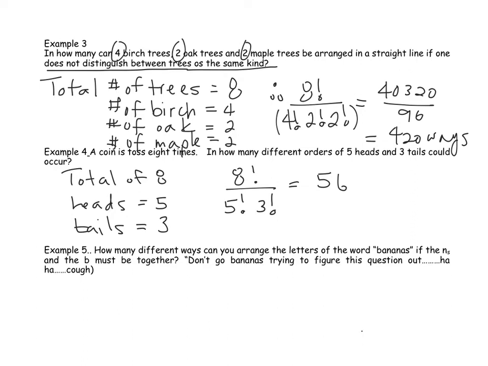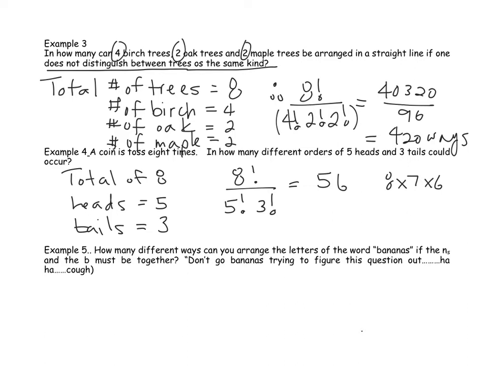Okay, now you may be asked to do this without a calculator. And without a calculator, you should be looking at doing something like, we know we can go with 8 times 7 times 6.